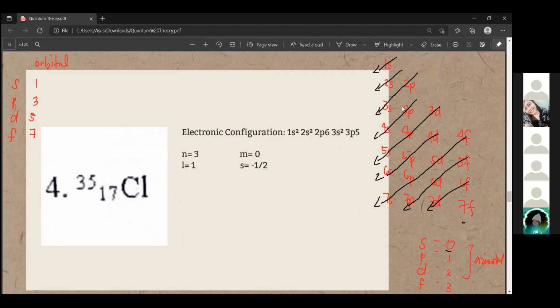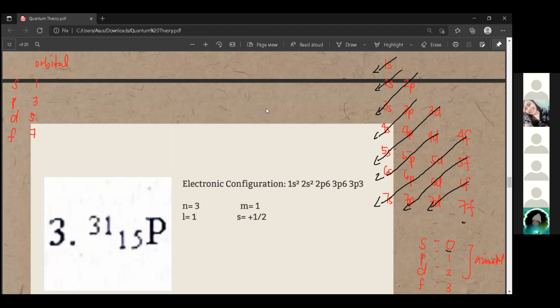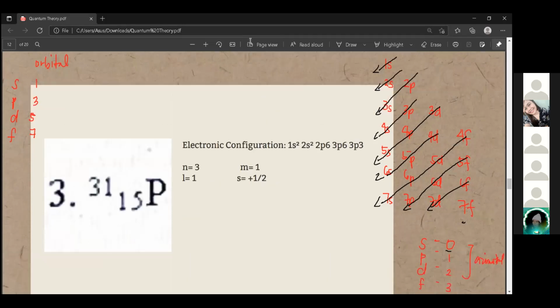Okay, the next one will be for the chlorine. Wait. Phosphorus class, what was that again? Let me just use the electron configuration. If we draw the periodic table, I don't have a periodic table here. If we draw the periodic table class, and I would like to locate phosphorus. It's 3 here, so definitely it's on period number 3. 1, 2, 3.